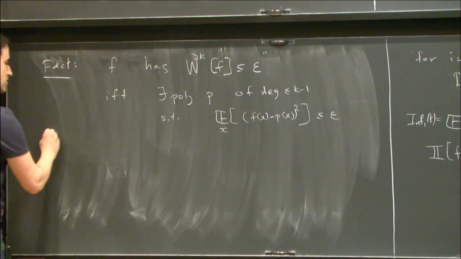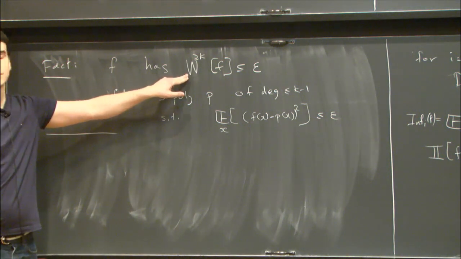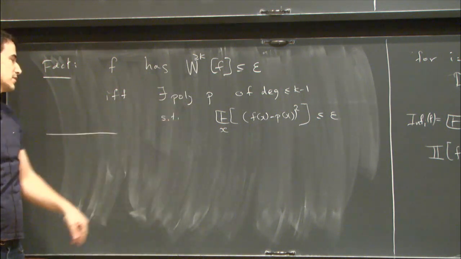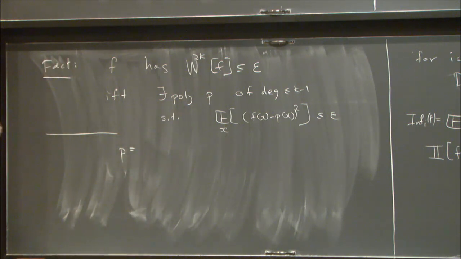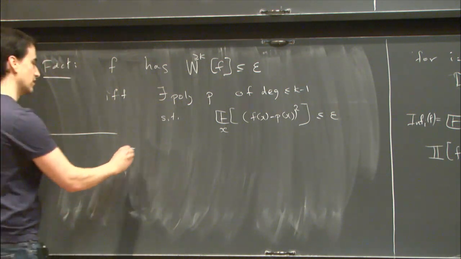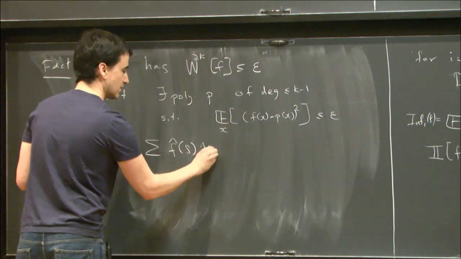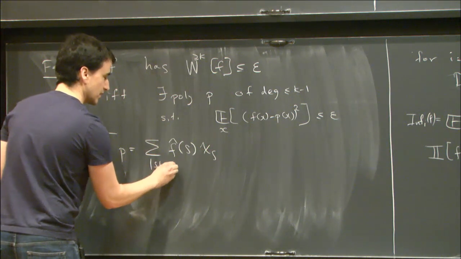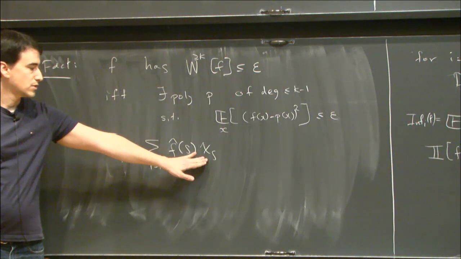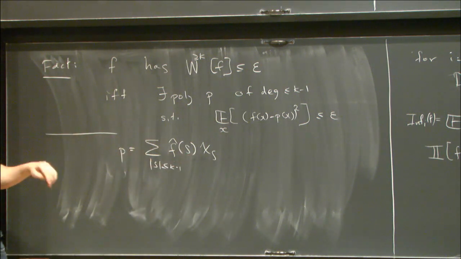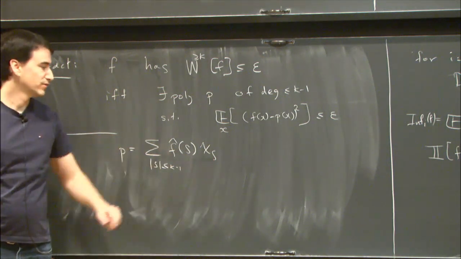So let's show one direction. Let's show that if this holds, then we have a low degree approximator. Simply we can take p to be the truncated Fourier expansion. So we take all the characters up to size k minus 1. This is degree k minus 1 because all these monomials involve at most k minus 1 variables.